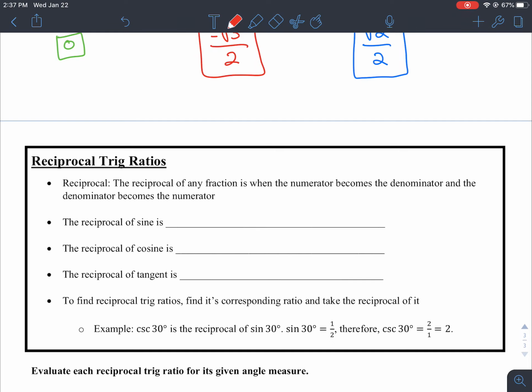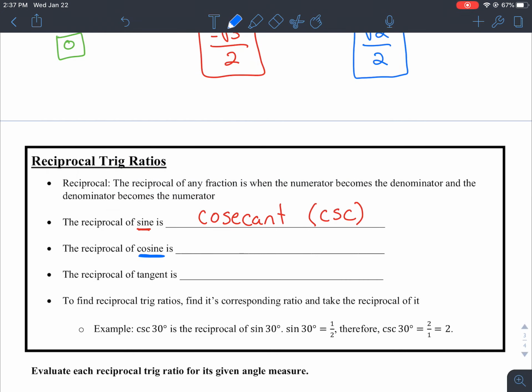So for example, the reciprocal of sine has a special name. That's called the cosecant, and we abbreviate that as CSC.